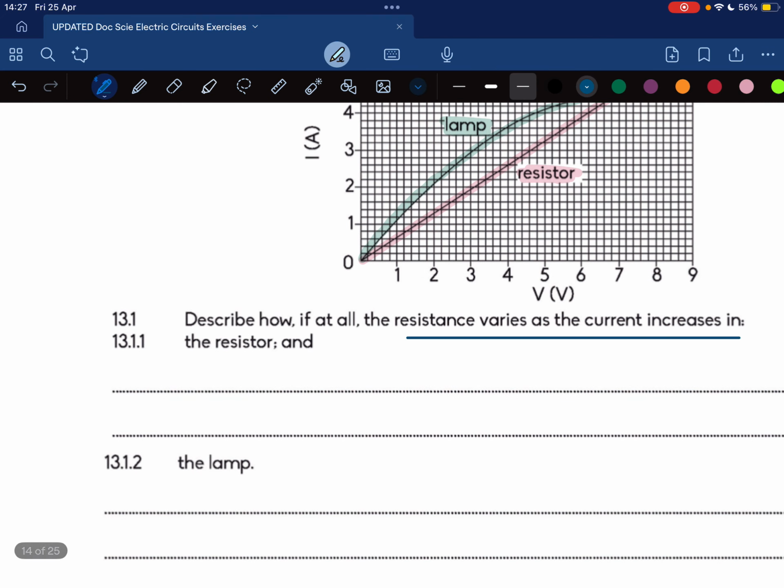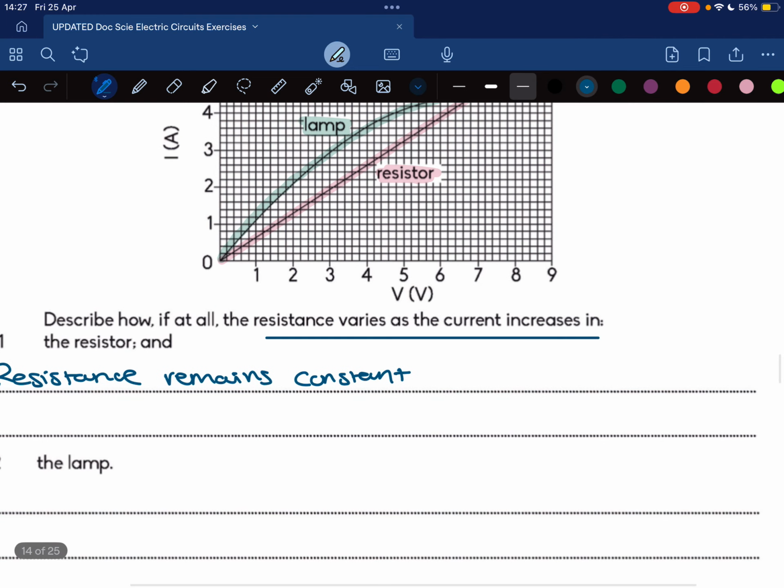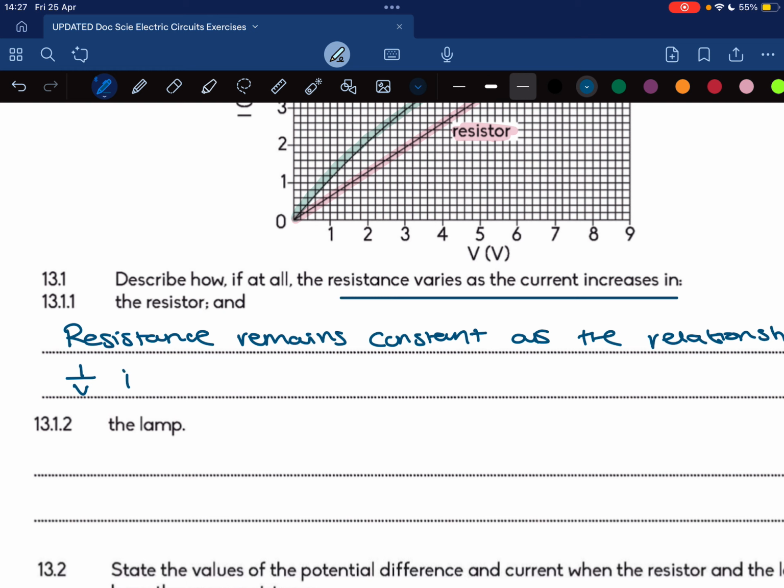Okay, so we can say that the resistance remains constant as the relationship of I over V is constant.